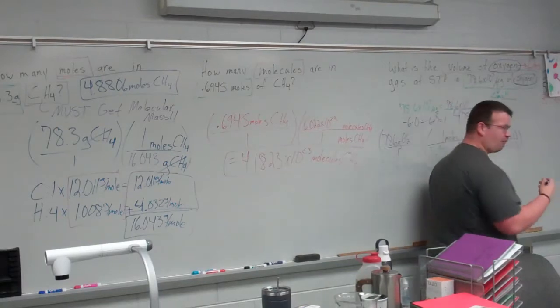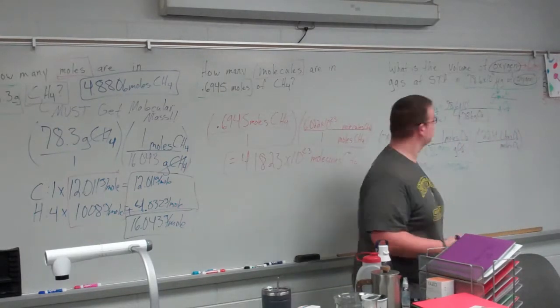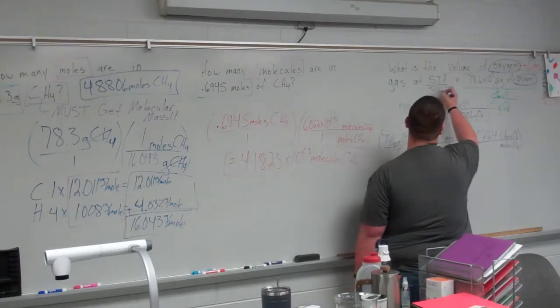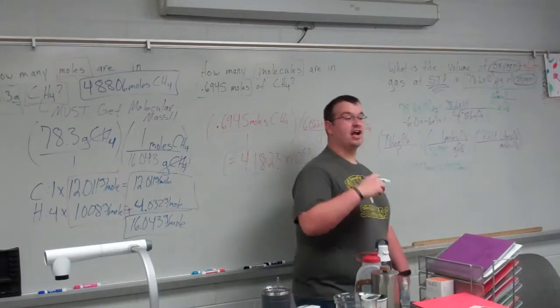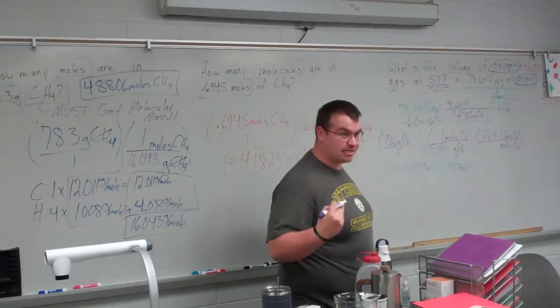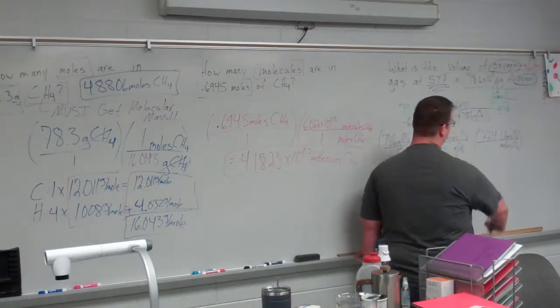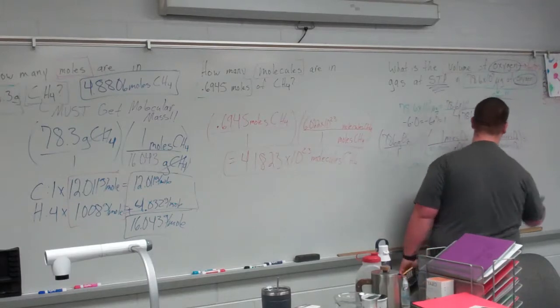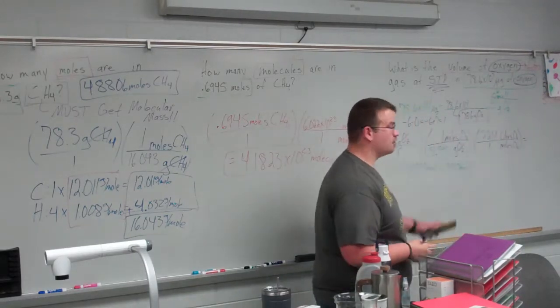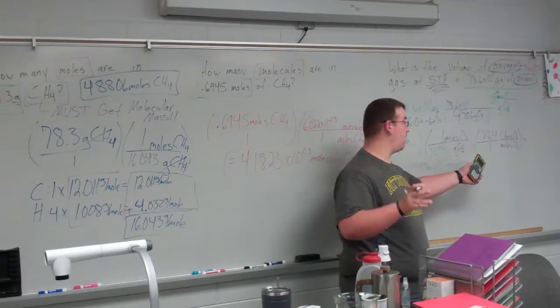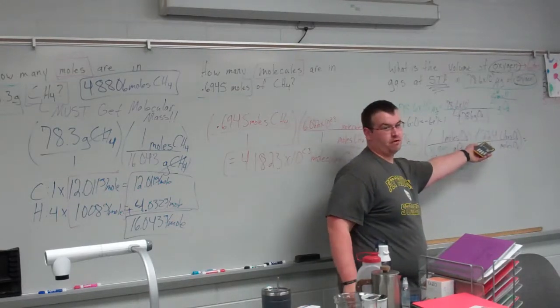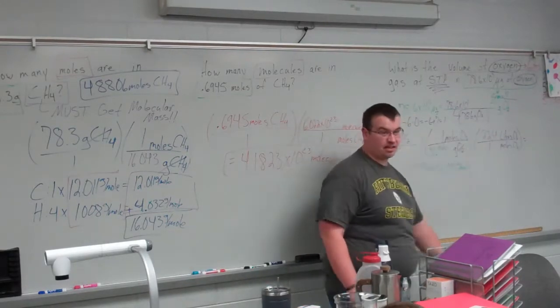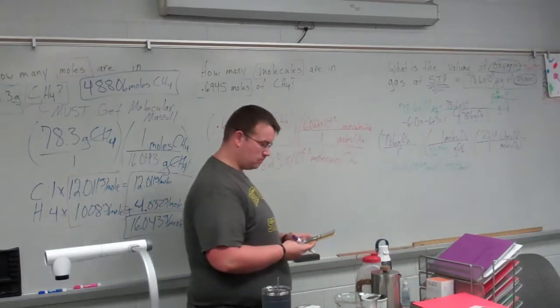Now this is the key. Why can you make this calculation? You're at standard temperature and pressure, so you can make this calculation. What number goes here with moles? 1. And this is why I like to do it like this. Because now all you're going to do is take the number you got and multiply it by 22.4. I like to throw everything in my calculator together. The number that I got goes on top.